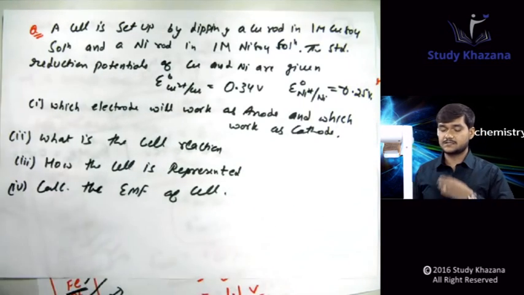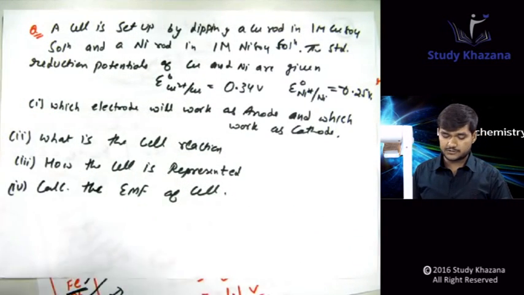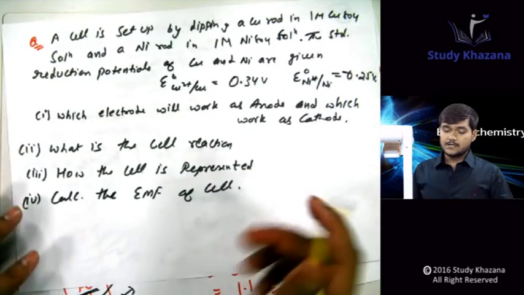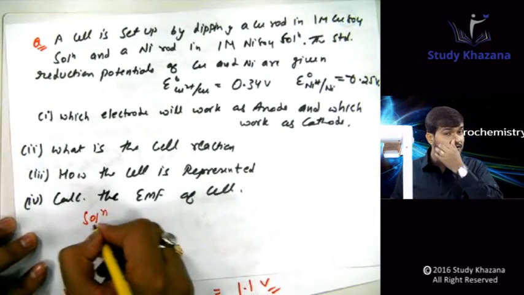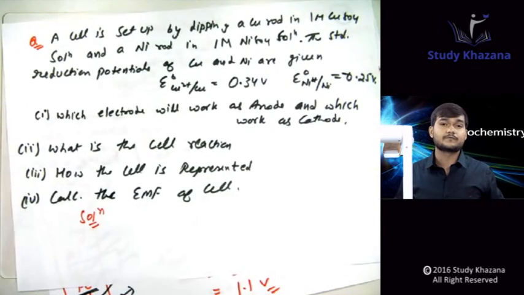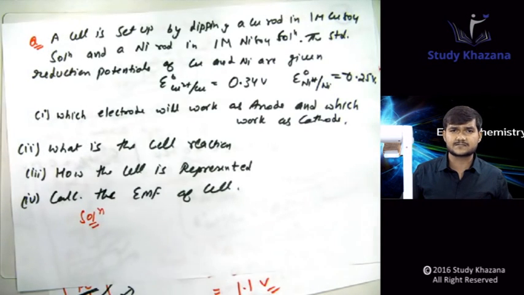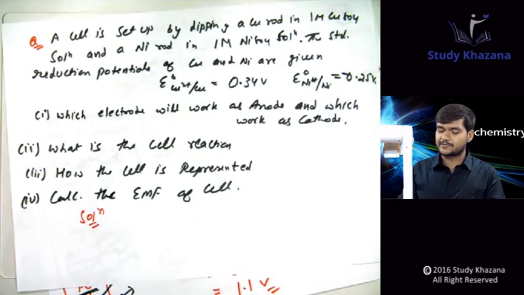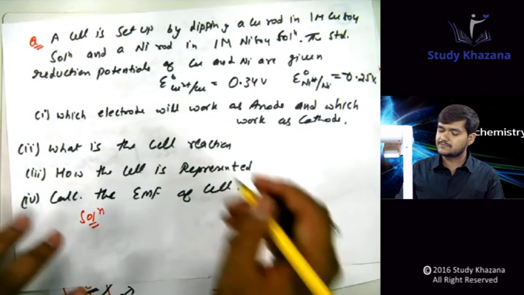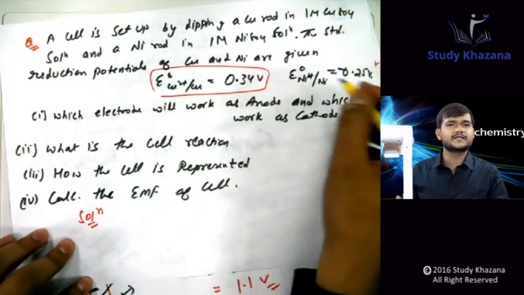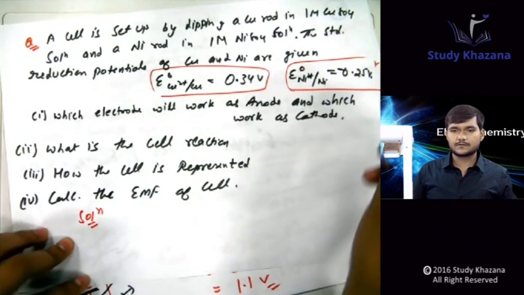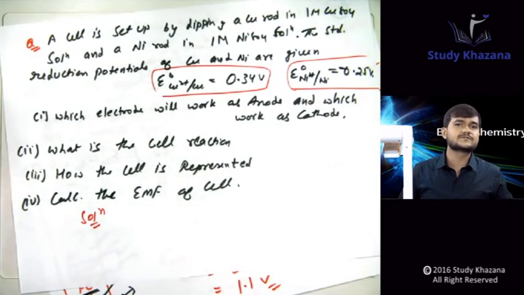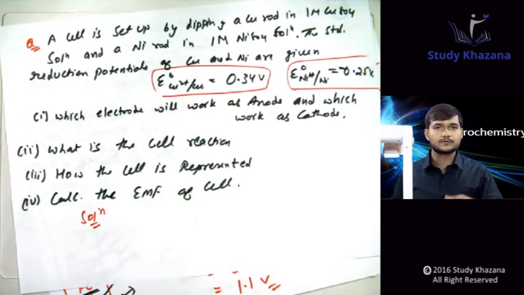Now let us discuss the solution for this question. A cell is set up by dipping a copper rod and a nickel rod in 1 molar solutions of copper sulfate and nickel sulfate respectively. The electrode potentials are given to you. With their help, we can easily find out which electrode will work as anode and which will work as cathode.